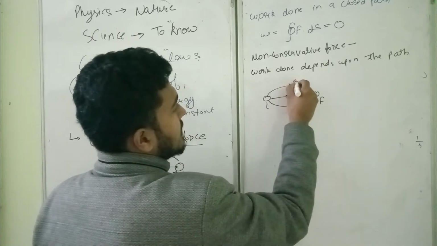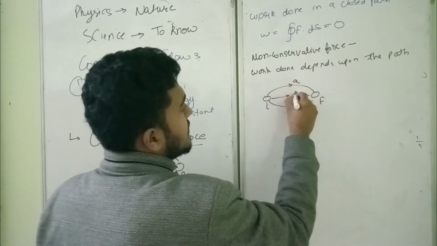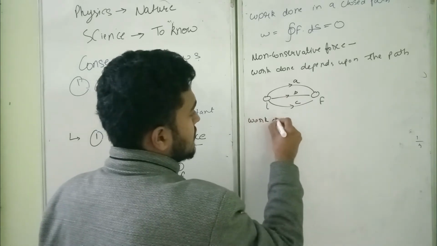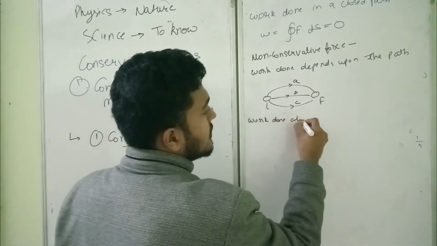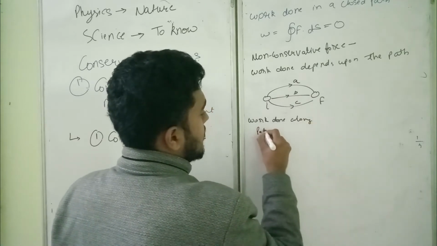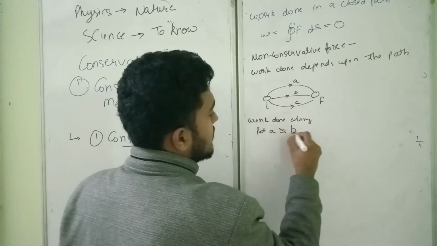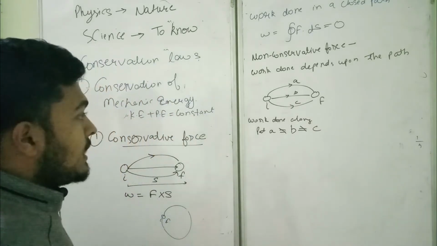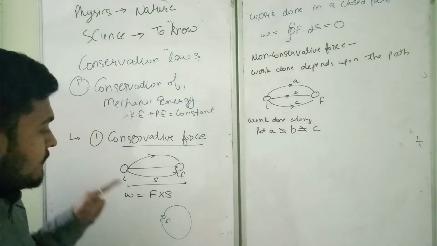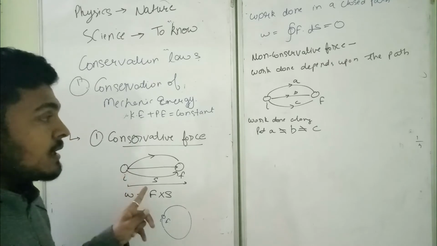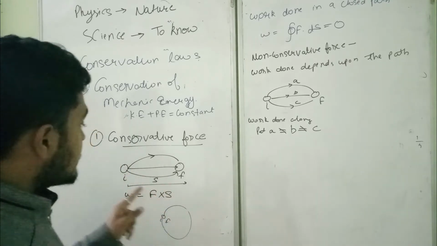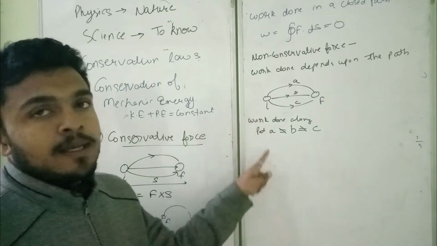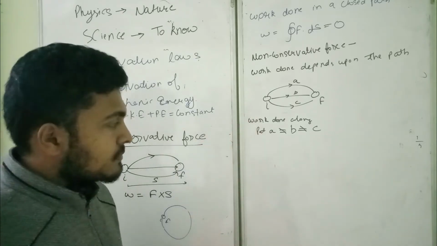If we say this is path A, this is path B, this is path C, then the work done along path A is not equal to path B, is not equal to path C. Whereas in case of a conservative force, this work is the same, because the work done is path independent, but here the work done is path dependent.